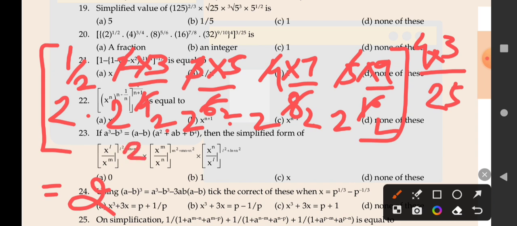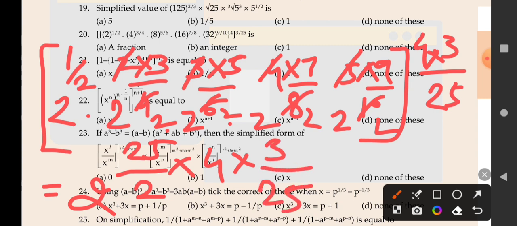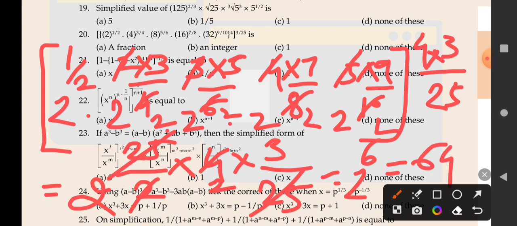So 2 raised to 25 divided by 2 into 4 into 3 divided by 25. So 25, 25 cancelled, 2 ones are 2, 2 twos are 4. So 2 power 6, which is equal to 64, which is an integer. Option number B.